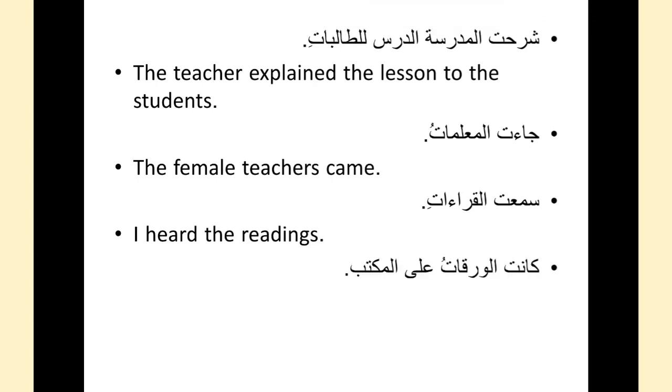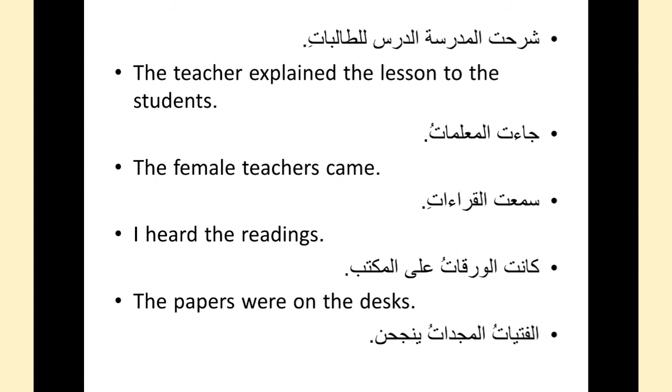And كانت الورقات على المكتب, which means the papers were on the desks. And the last example, الفتيات المجدات ينجحن, which means the hardworking girls succeed. These examples show you many ways of writing the regular feminine plural.